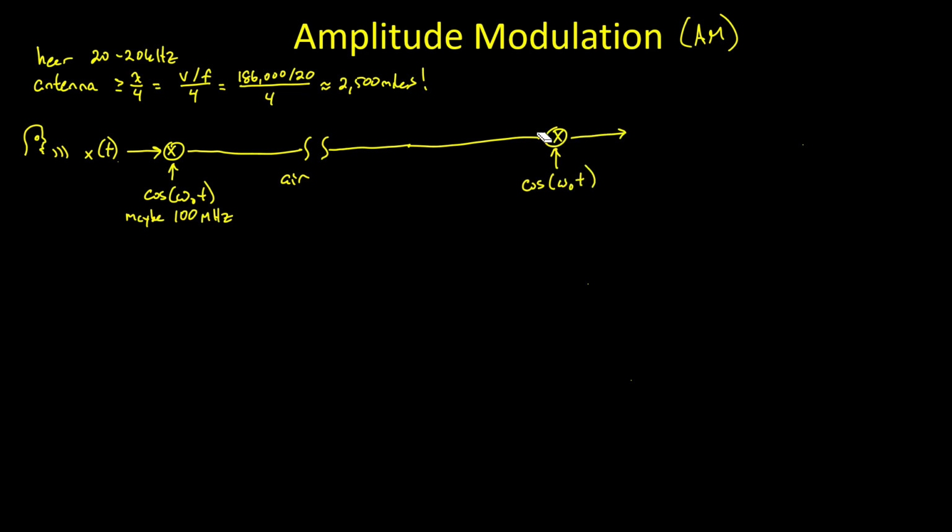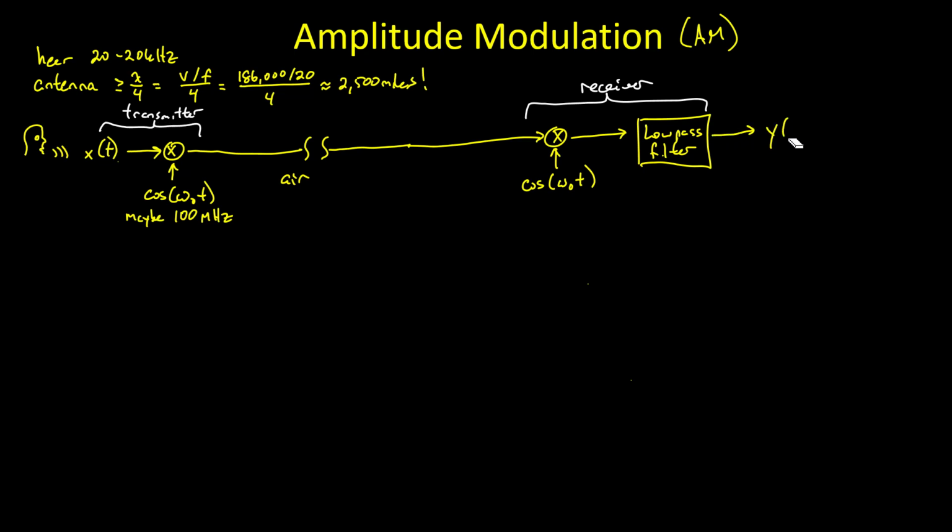And then we'll send it through a low-pass filter. And all this is in the receiver, just like all this is in the transmitter. And let's see what we get out at the other end.